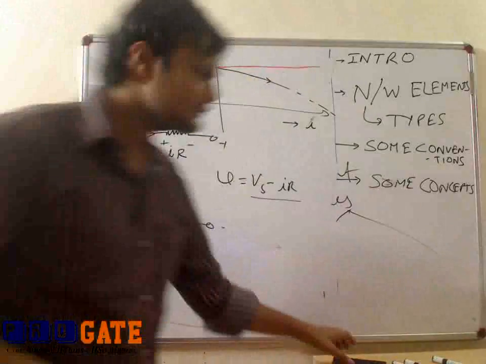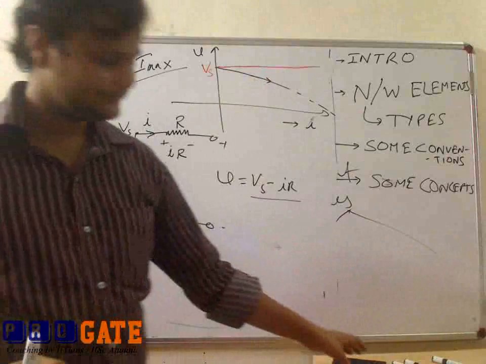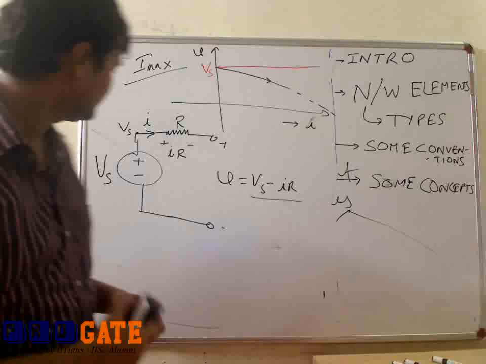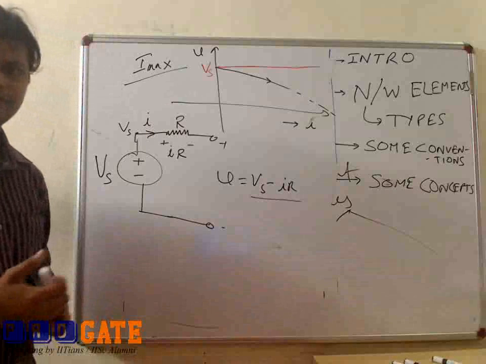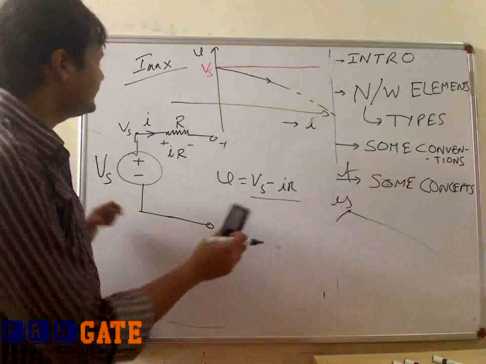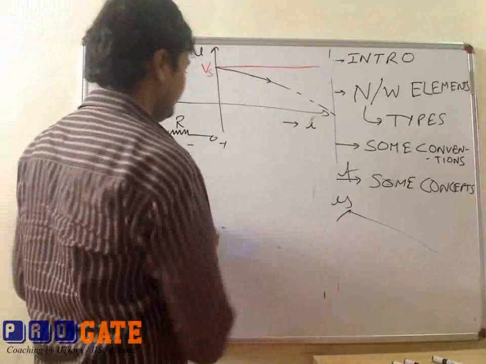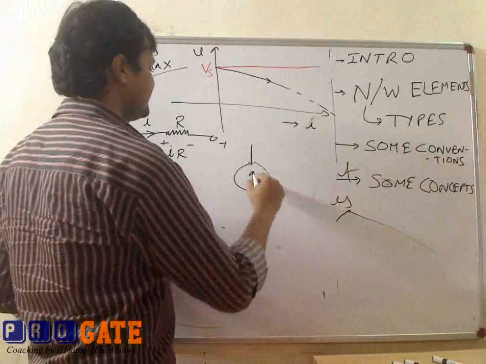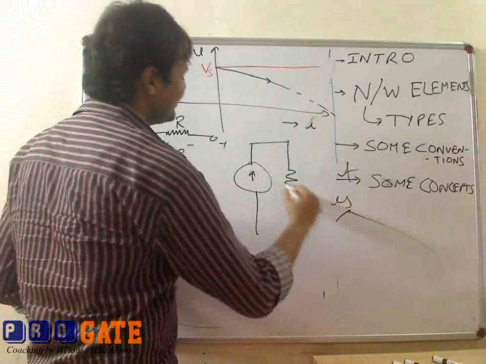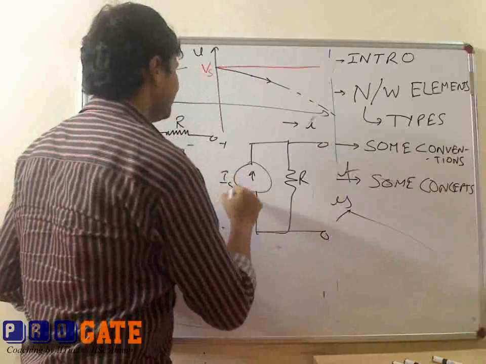Simply, one can also explain this concept for current sources also. So we can also explain this concept for current source, and there will be a source. This is the ideal current source with some parallel resistance, which is also ideal.